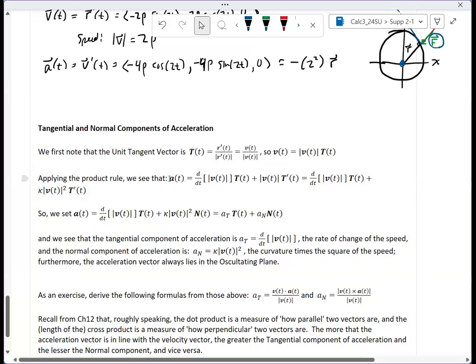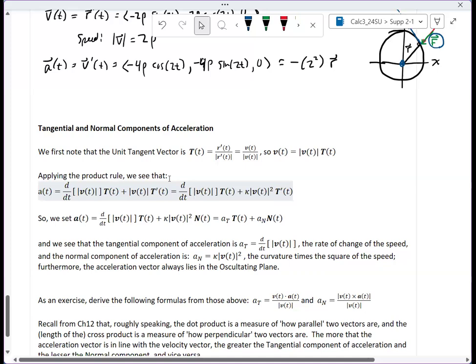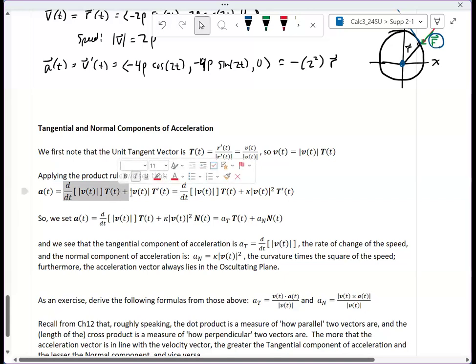Let me move that down so we can see it a little better. Yep, see there, lost my formatting. So we now have a formula for v of t. If we differentiate and apply the product rule, we get the derivative of the speed times the unit tangent vector plus the speed times the derivative of the unit tangent vector.